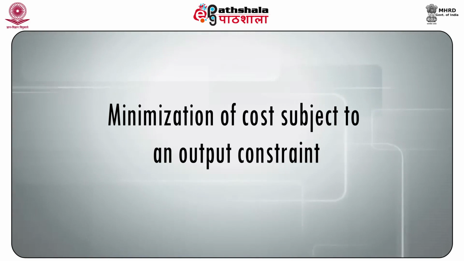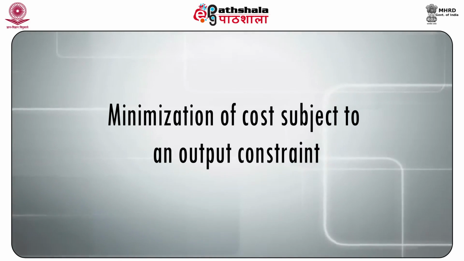Case first, minimization of cost subject to an output constraint. If the level of output is given and producer aims to minimize the total cost of production, then he will be faced with, A, a single isoquant IQ showing output constraint, B, a series of isocost lines. Higher isocost line represents higher money outlay.